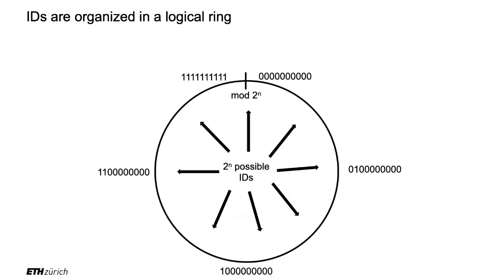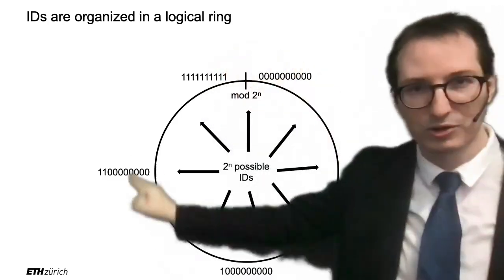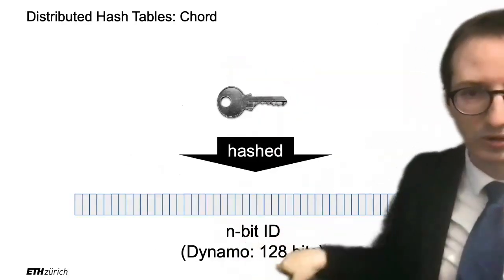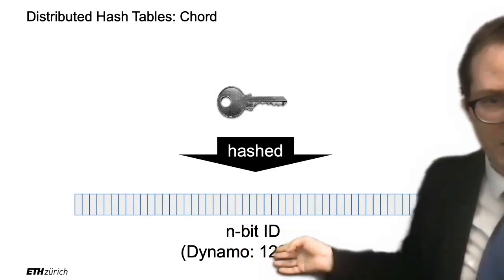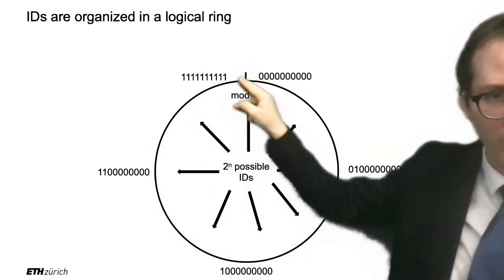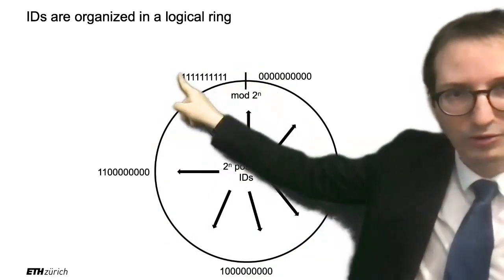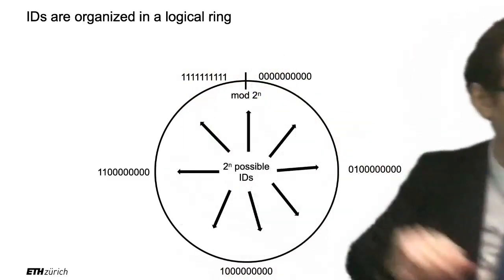The hashes can be seen as numbers that are no longer than 2 to the power of 128. And so you can see it as a ring if you take the modulo. As soon as you have 128 ones, you go back to all zeros. So you see that as a ring.